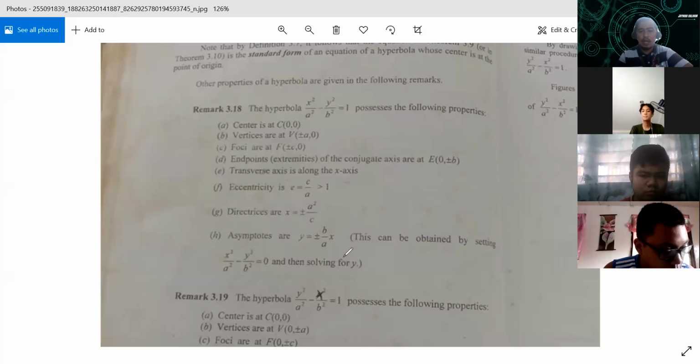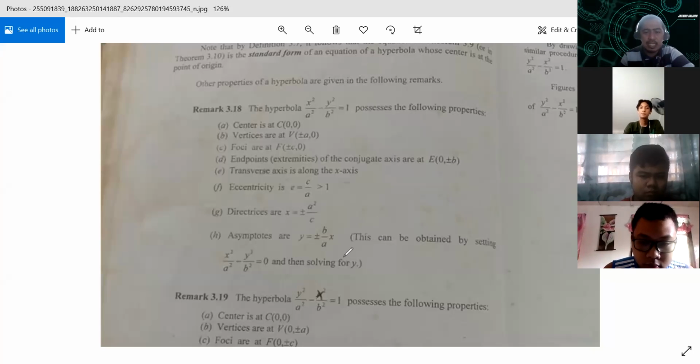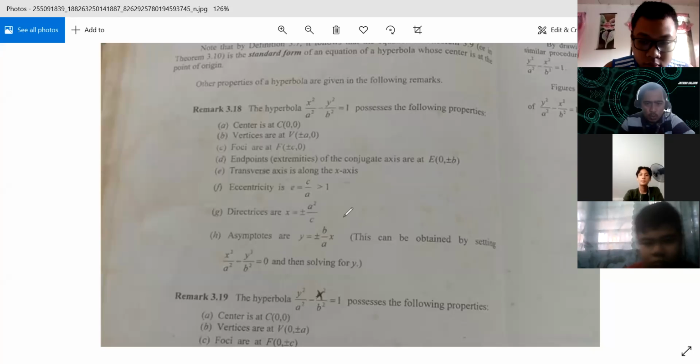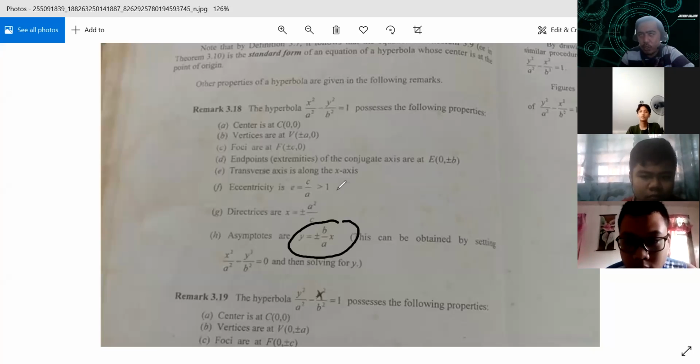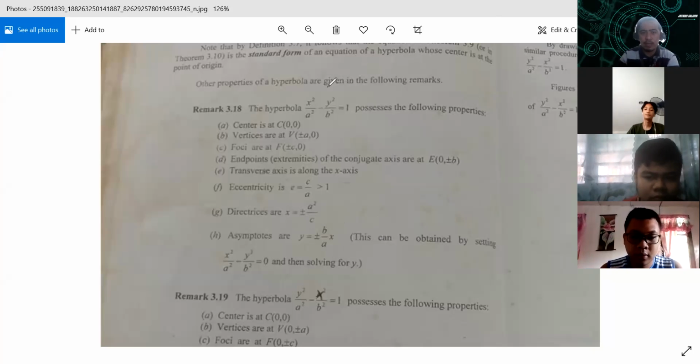Eccentricity, not extremities. So, the asymptote will be given by this, and I think you know how to plot it already. You just have to use your vertices and the endpoints of your conjugate axis. And that will be your asymptote. Okay? No need to discuss that further.